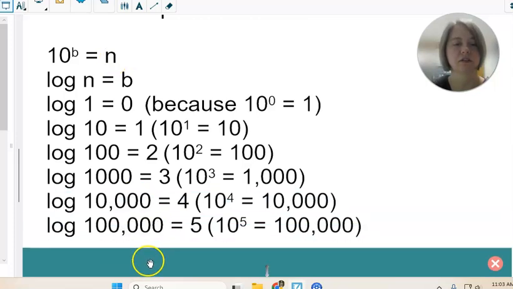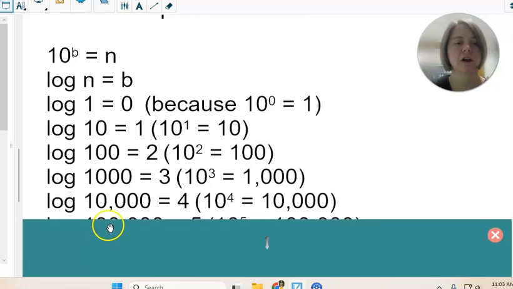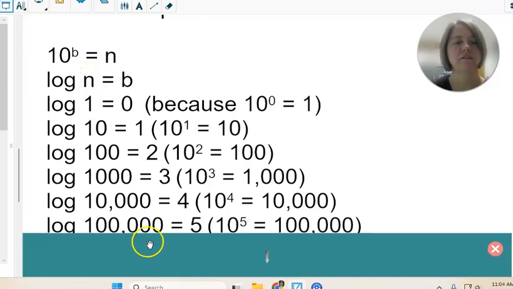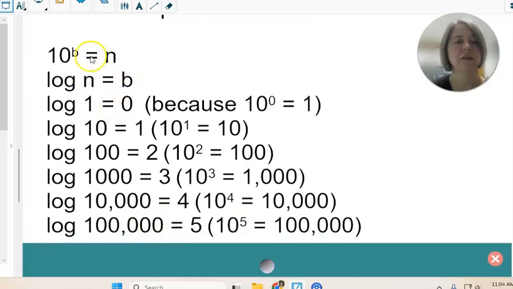All right, I'm just going to make you write down 2 more. The log of 10,000 equals 4 because 10 to the fourth equals 10,000. Last one. The log of 100,000 equals 5 because 10 to the fifth equals 100,000.